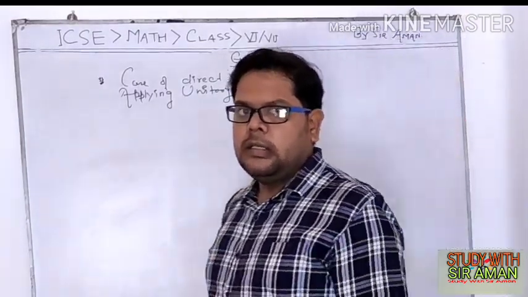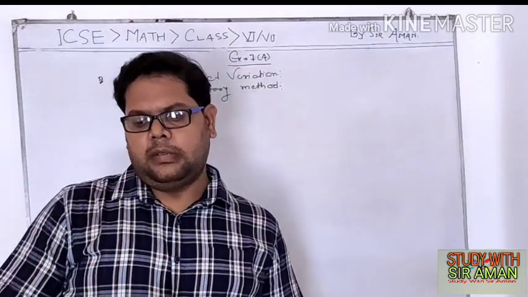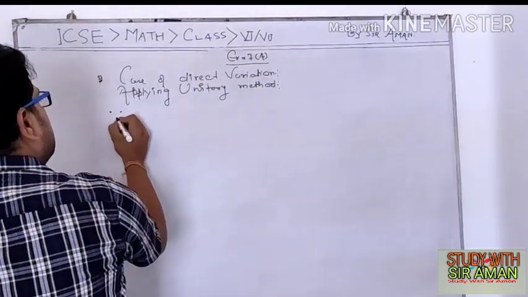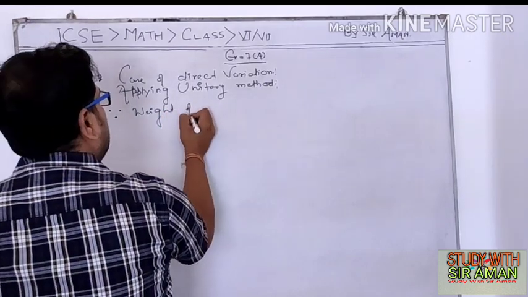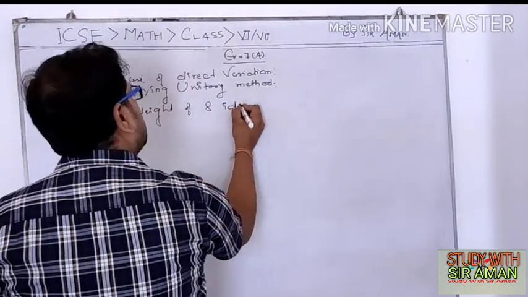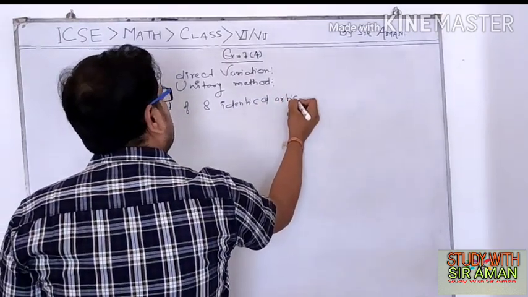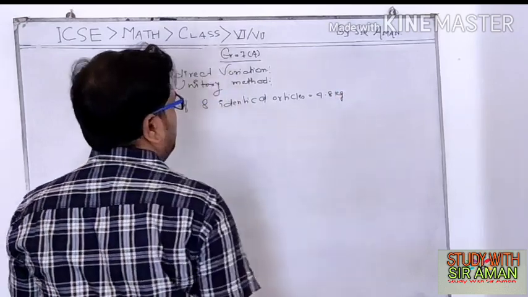Now we will start. Same statement we have to write from the book what is given in the question. Since weight of 8 identical articles is 4.8 kg.